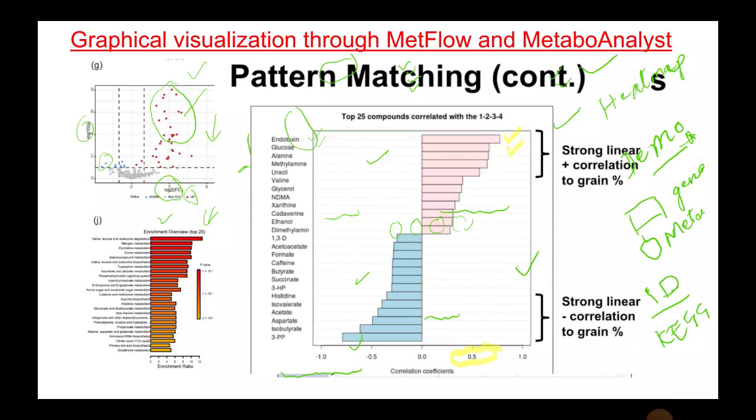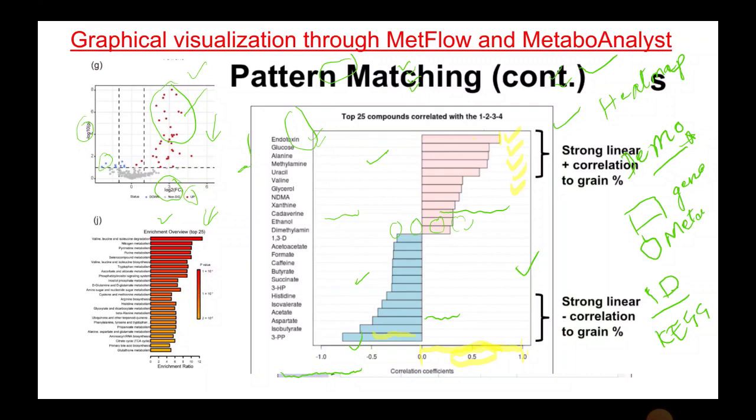This shows the correlation of compounds with your actual detecting compound. If endotoxin is high, it will increase the metabolites glucose and alanine, methylalanine. The highest correlation was found in these, and similarly, the negative correlation was found in 3-PP and isobutyrate. So this is good for having a correlation of different compounds and metabolites.